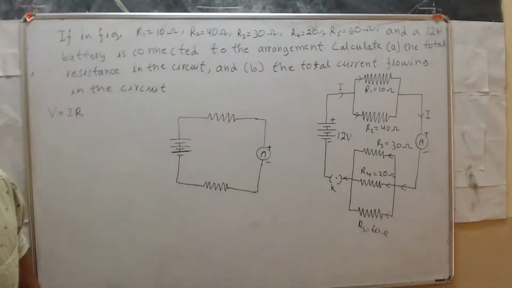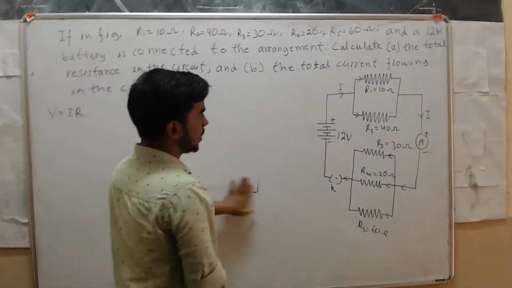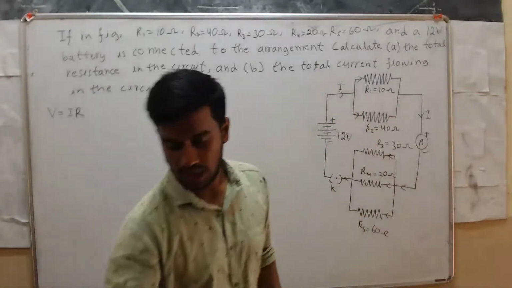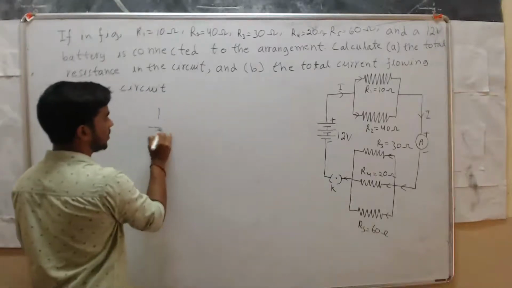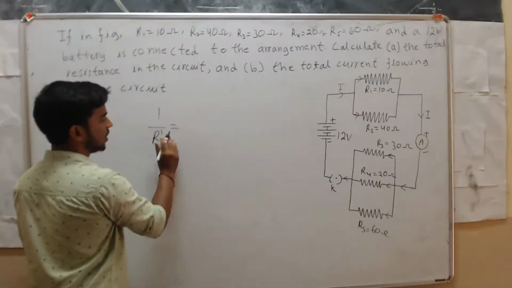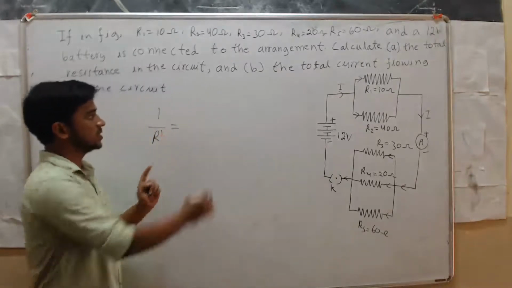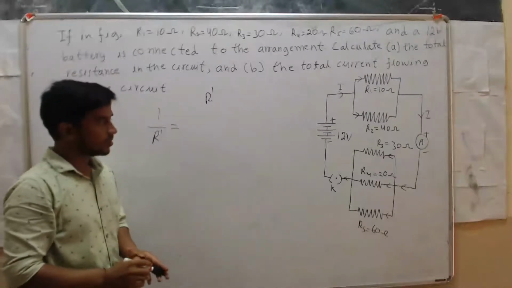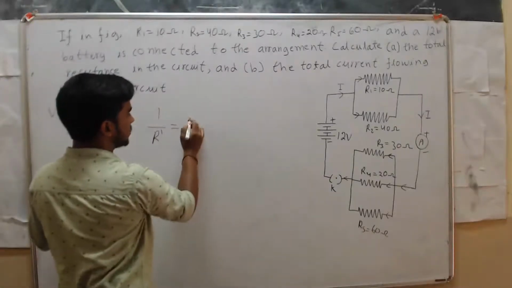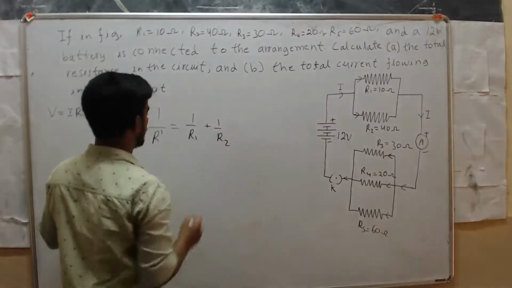Now see here, these two are in parallel, right? So I will use this formula: 1 by R dash. R dash means just taking the dash like this. So 1 by R dash is 1 by R1 plus 1 by R2.